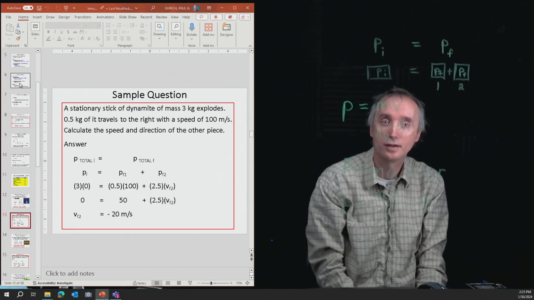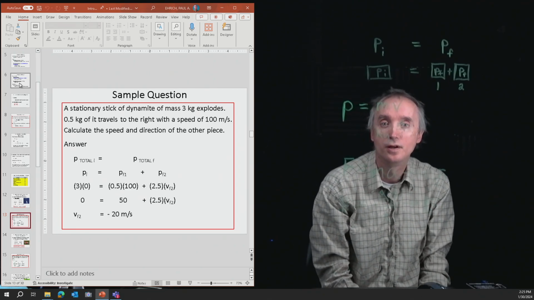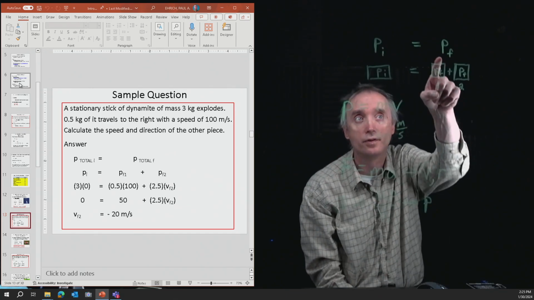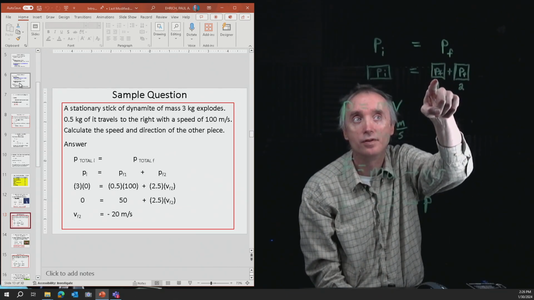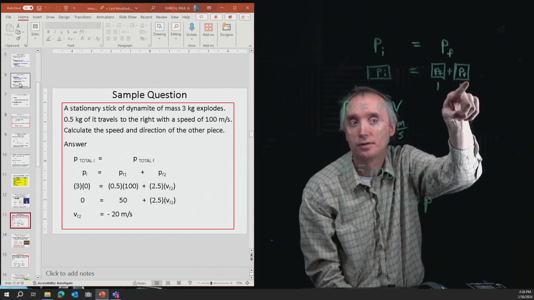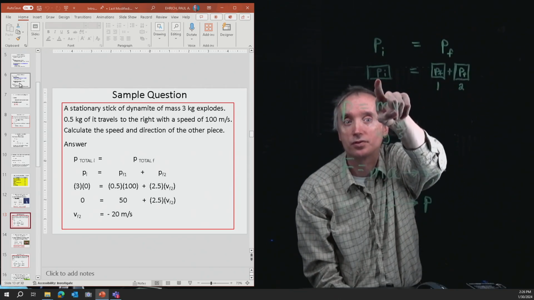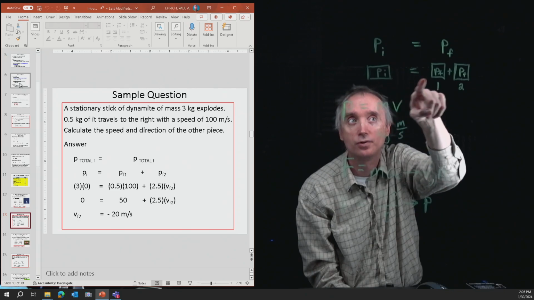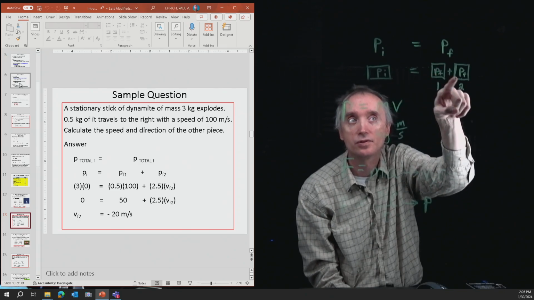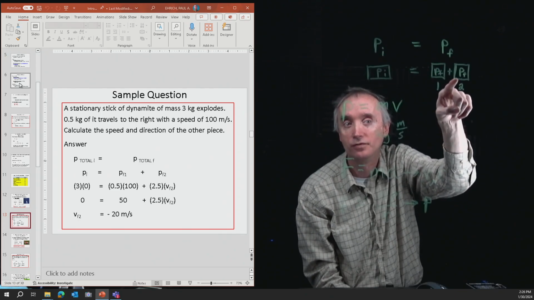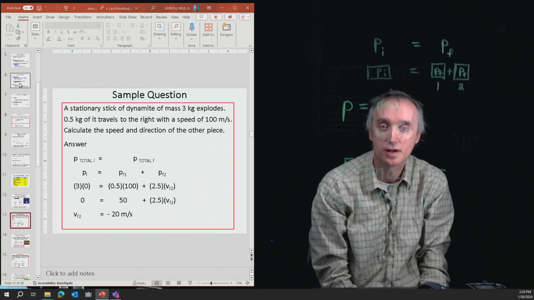The other thing is I told you the mass of one of the pieces, but I didn't give you the mass of the other piece. I told you the total mass and the mass of one of the pieces, so you should be able to subtract to figure out what the other piece has got to be.